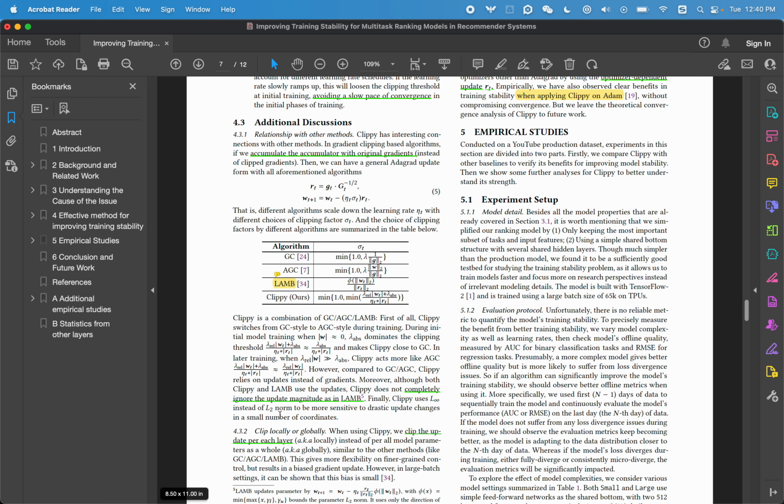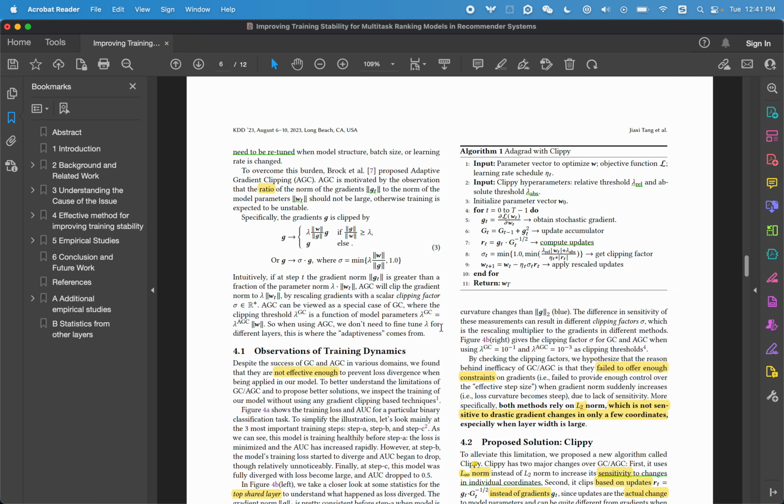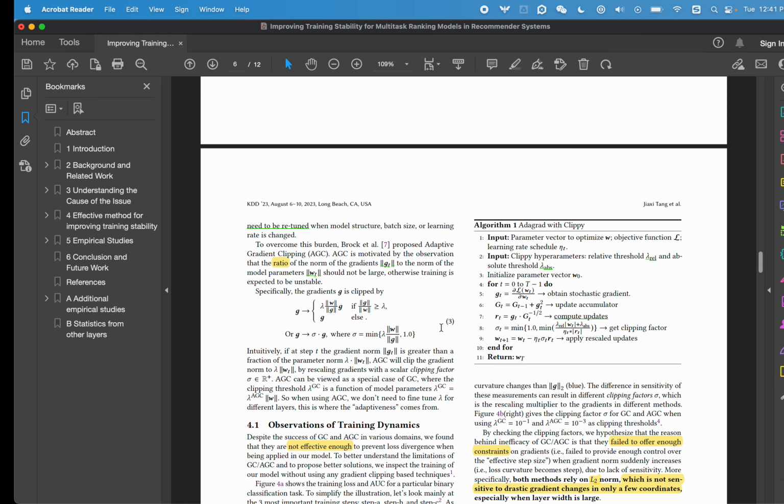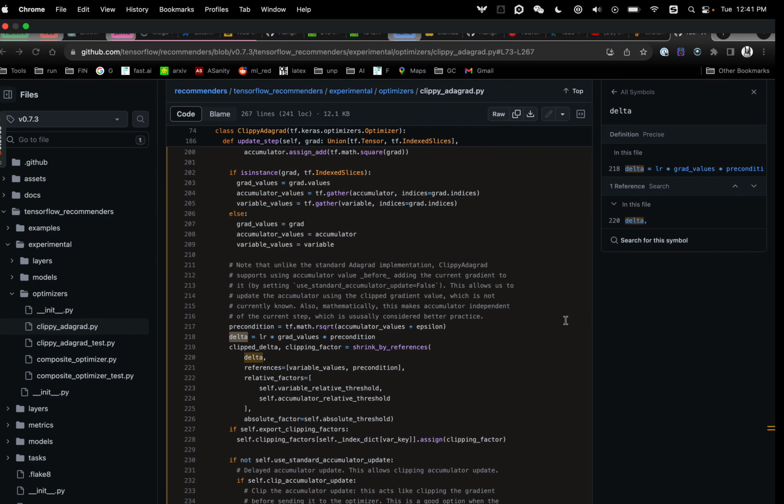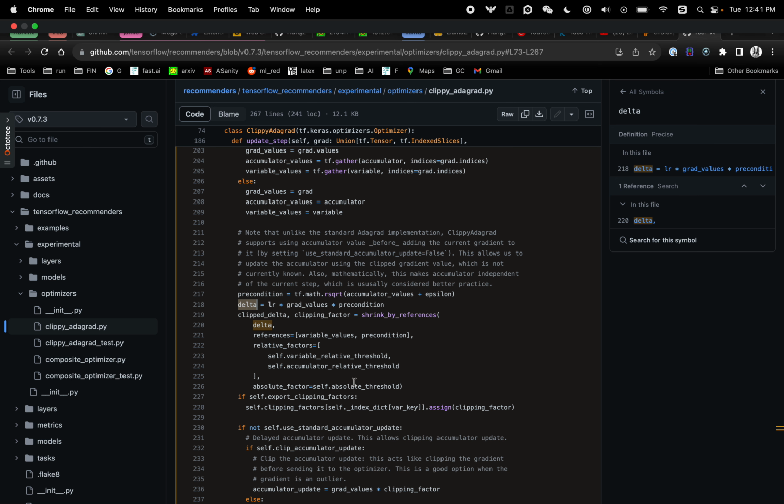If it's not close to zero, say it's not some sort of normalization layer, this thing is much larger, which means it's much closer to AGC. But in the code, you can find that for this weight part they also put in the accumulated gradients.